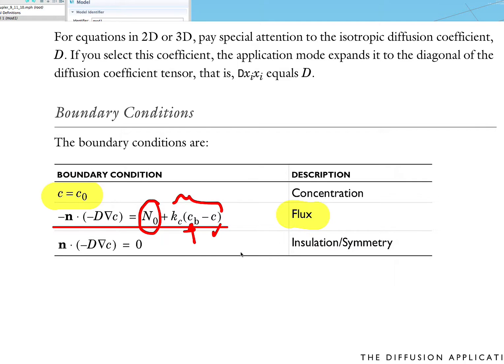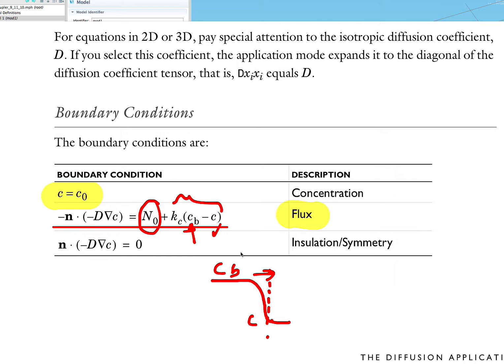For example, when you have a diffusion field like this, and this is the boundary, then there's a rate at which the material can enter, and that rate is dependent on this bulk concentration and the concentration at the boundary. So the difference gives you a rate constant that would be known. So if you don't have this flux boundary condition, you can use a fixed flux.